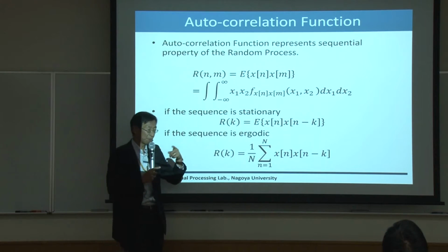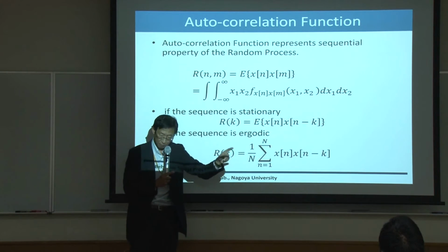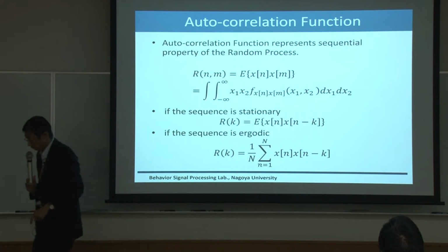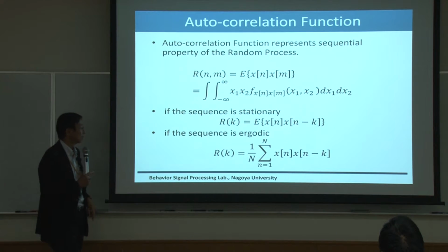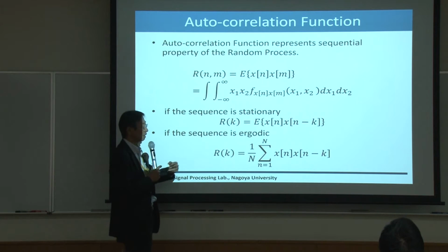And as k increases, in general the autocorrelation value becomes less, because it is distant data. Therefore, the relationship between the current data is very small.